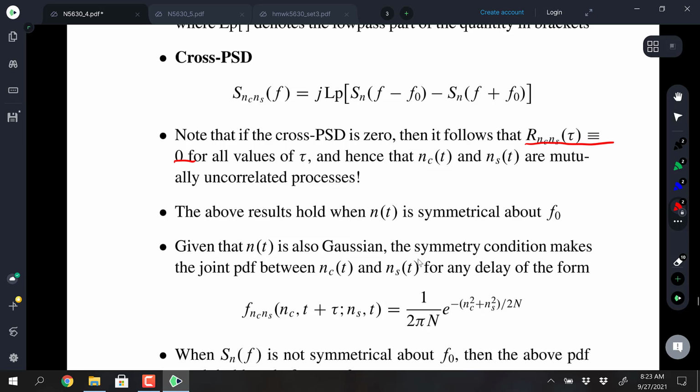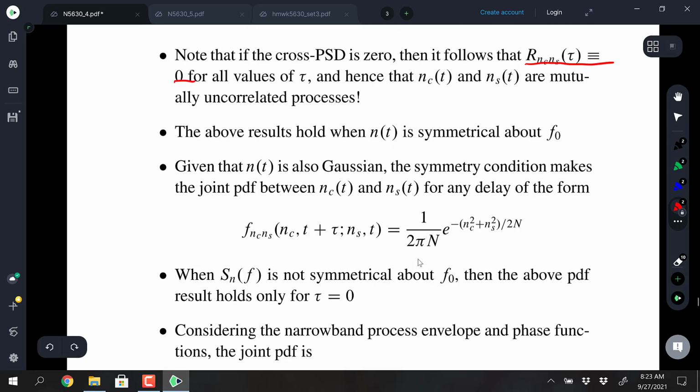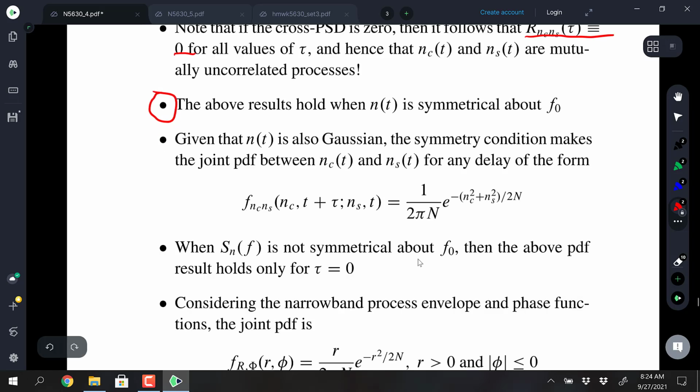If that's so, then NC and NS are mutually uncorrelated processes, because it's saying that the cross spectrum between them is 0. But the important thing is that this only holds when N of t is symmetrical about f naught.